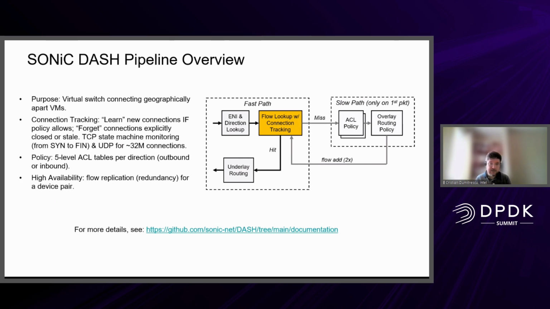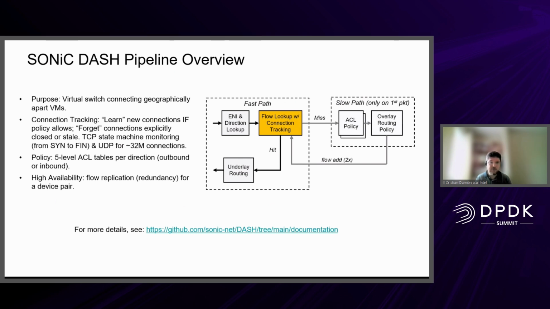And we are like the man in the middle. We are not going to run the TCP state machine. It's the endpoint VMs that are going to run the TCP state machine. But we are a man in the middle. We are a switch, and we need to monitor the connection, right? Because if we don't monitor the connection, our table will fill up with many connections that are dead.